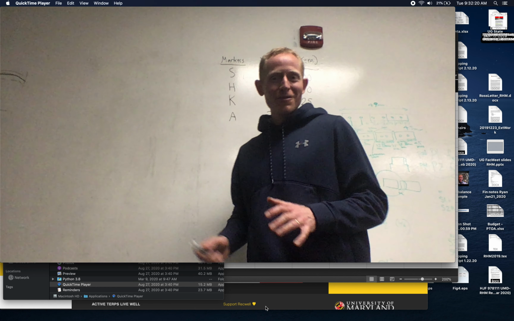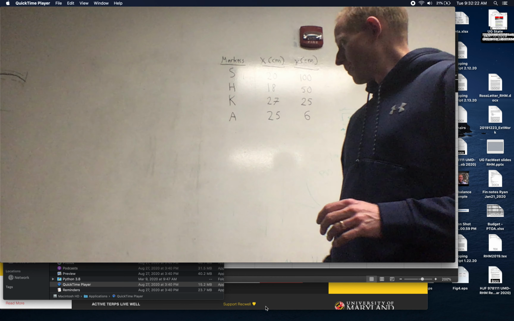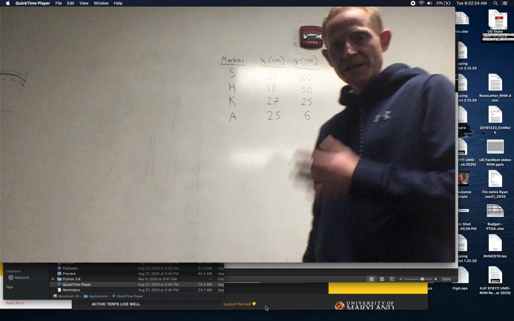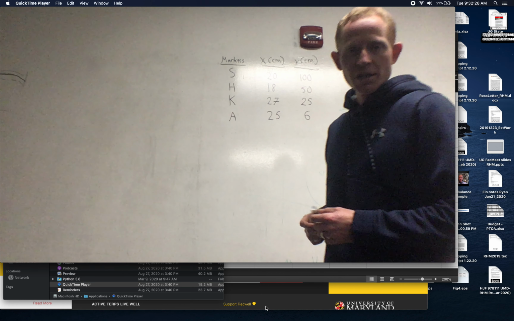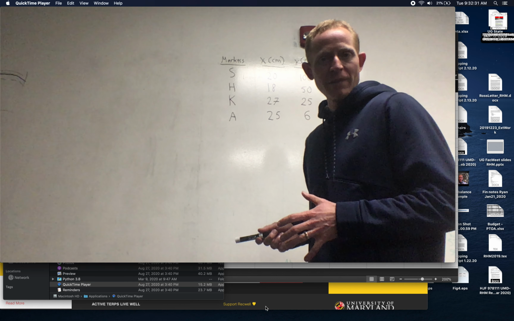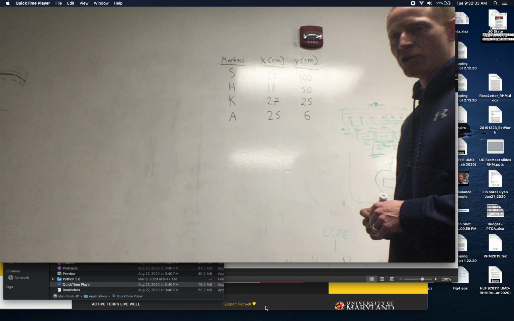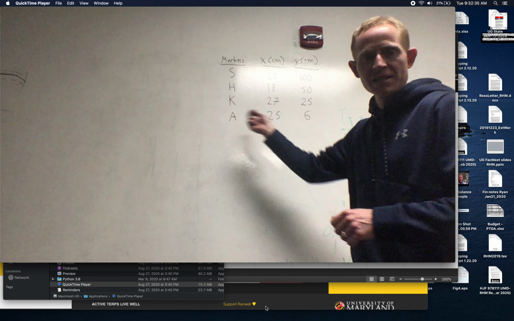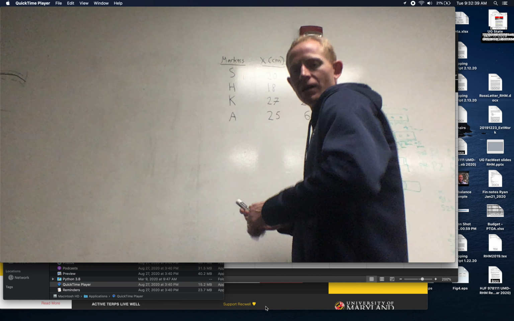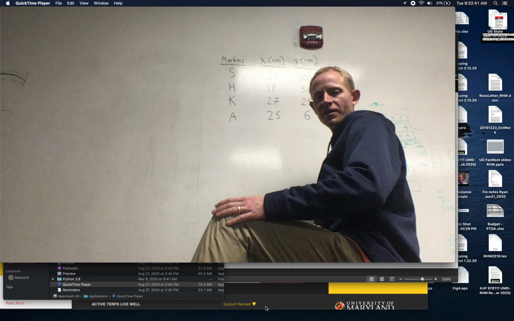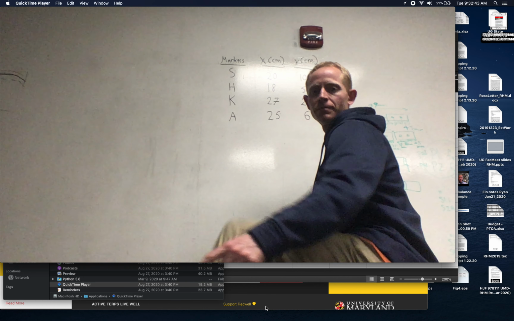All right, I wanted to walk through an example of doing these joint and segment angle calculations in 2 dimensions. So let's suppose you do a motion capture experiment, and from that you get data that looks something like this. You have 4 markers on the body: a marker on the shoulder, a marker on the hip, a marker on the knee, and a marker on the ankle.